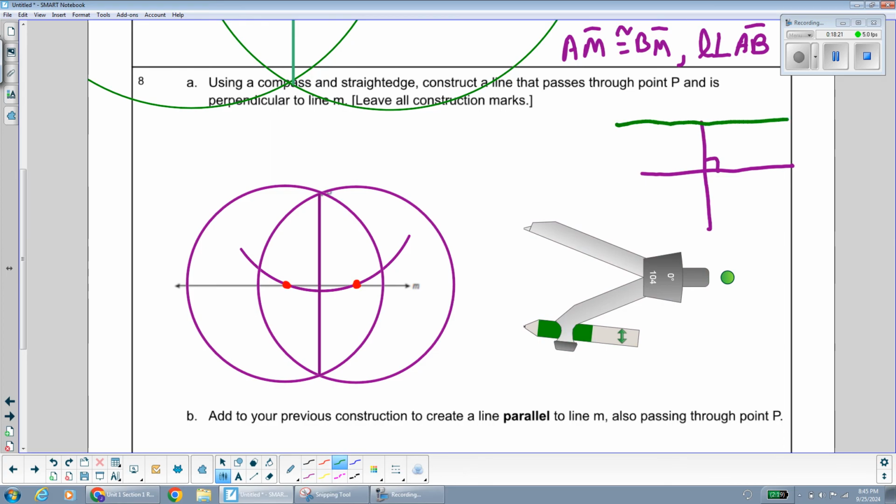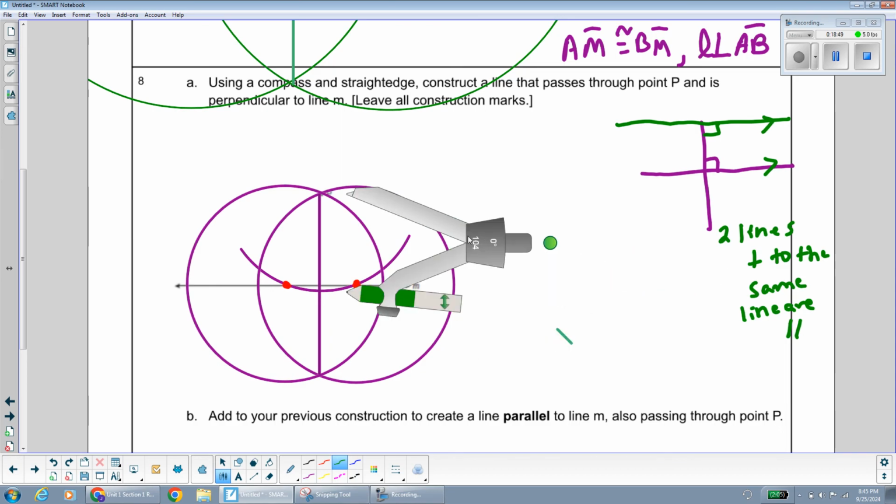If we create another line that's also perpendicular to the same line, that ensures that these 2 lines are parallel, because 2 lines perpendicular to the same line are parallel. And that's why we're making another perpendicular line.